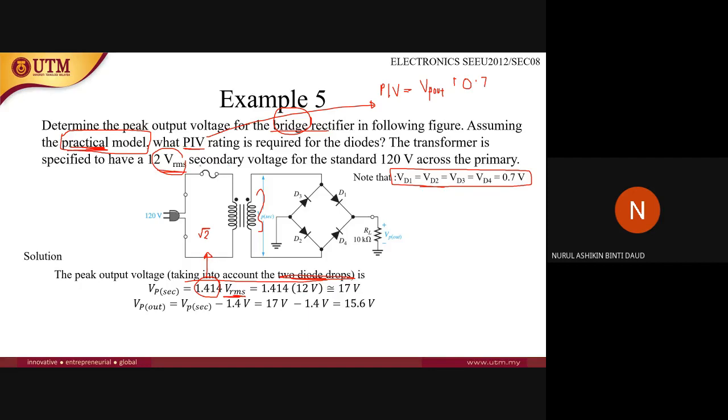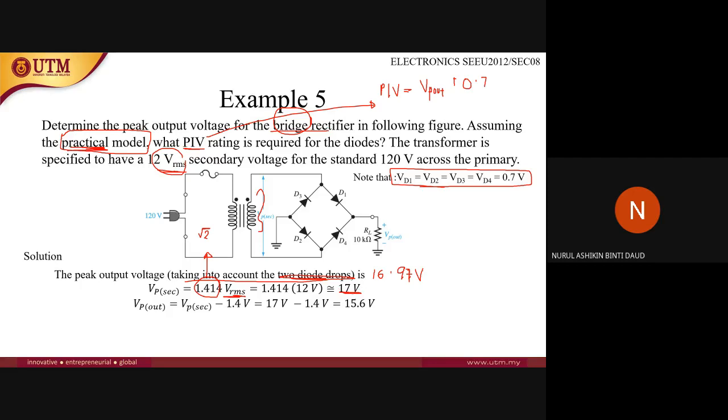So VRMS of the secondary voltage times square root 2. So you will get the answer, which is actually around 16.9797 volts, right? So it is nearly 17 volts. So you can put approximately 17 volts. But if you want to use this value, it is also okay, no problems.